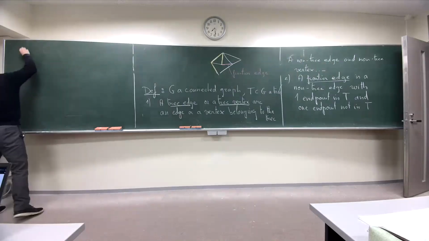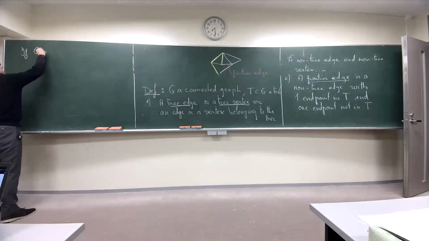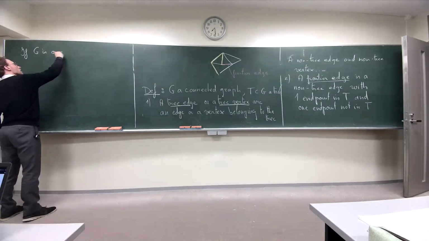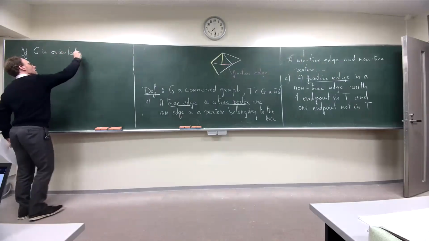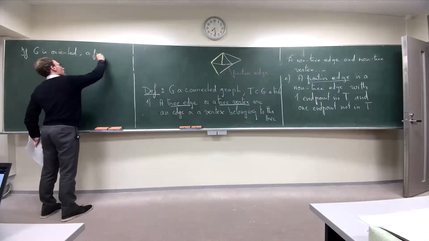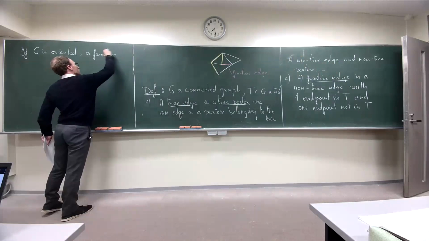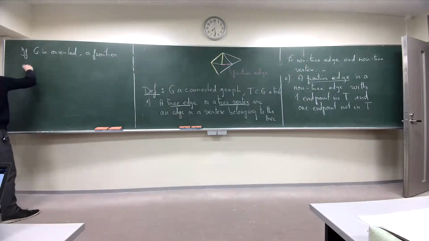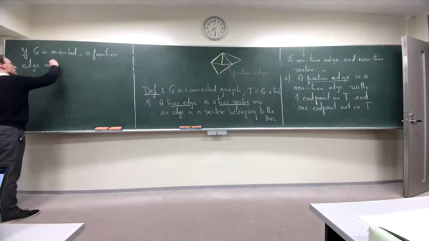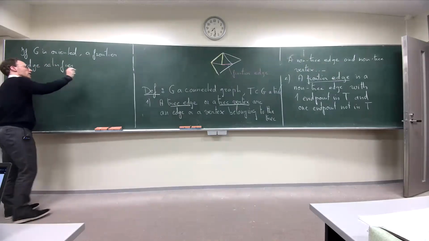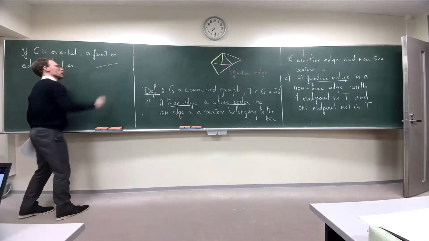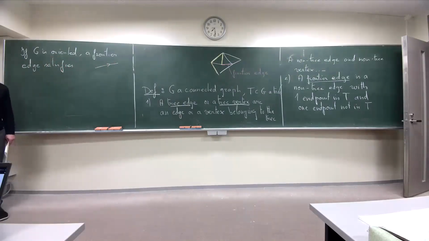So if G is oriented, we have an origin and a target.